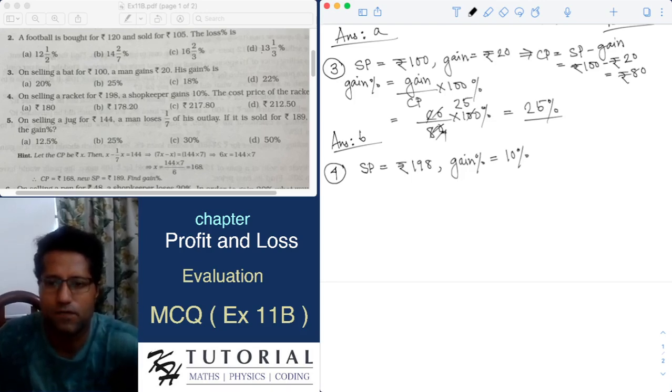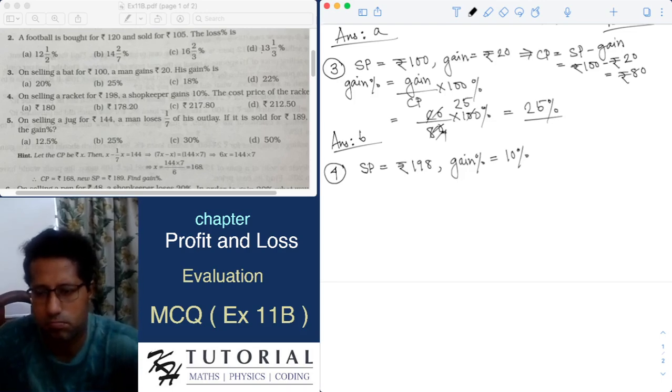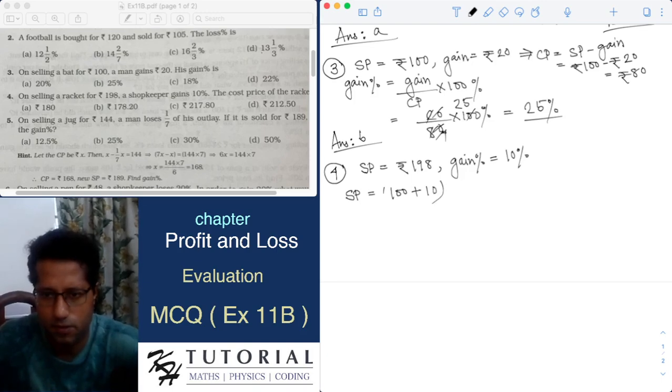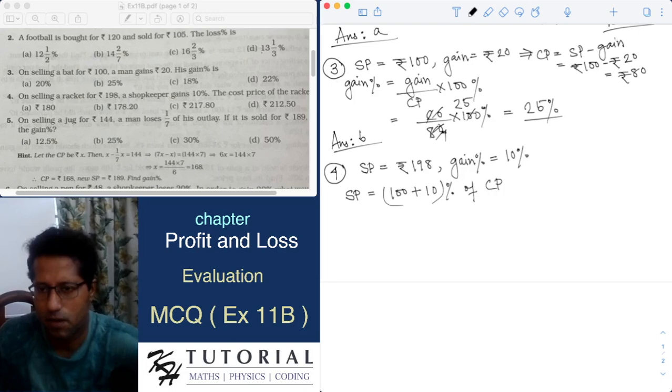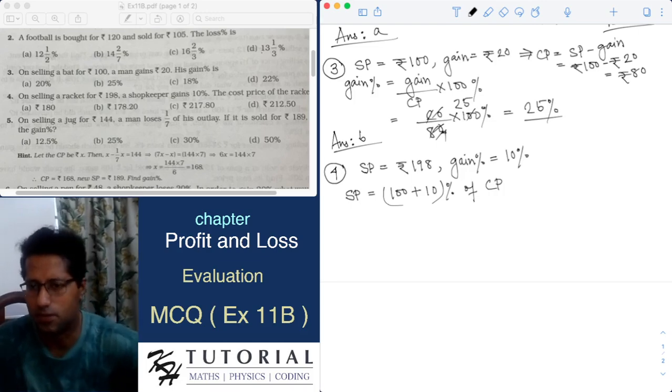Now we know that since there is a gain of 10%, the selling price will be 100 plus 10% of the cost price. Let CP denote the cost price. If CP is the cost price, then the selling price will be 10% more than the cost price.